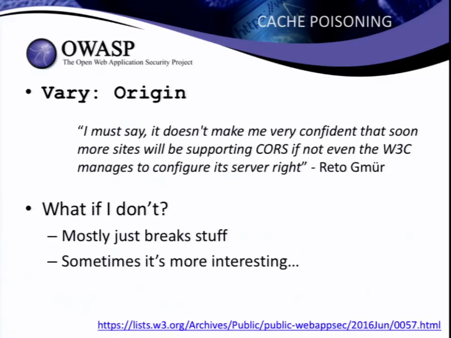So if you say you can never cache this page, then that's just as secure, yeah. That would do the job, sure. If you specify Vary: Origin, then that way you do support caching, but not dangerous caching.